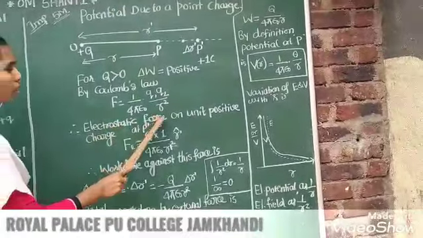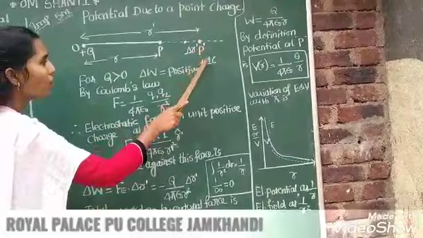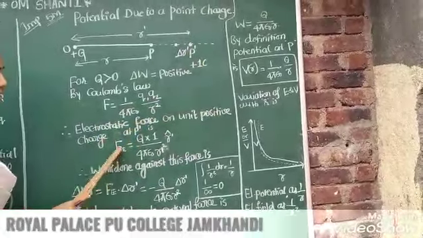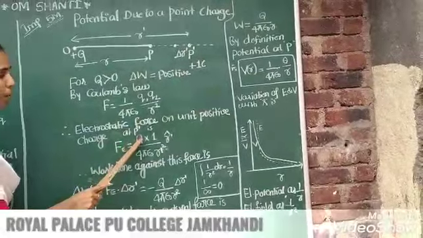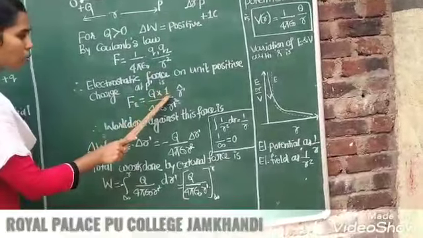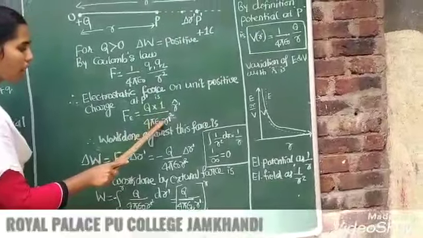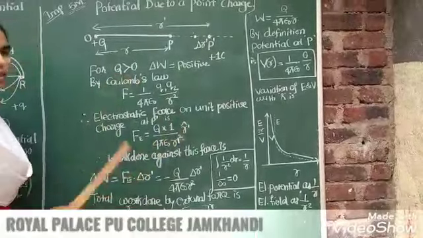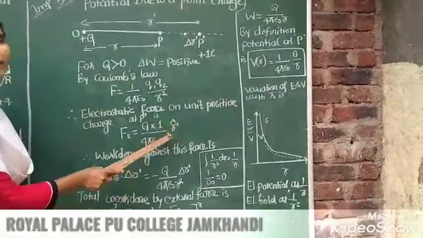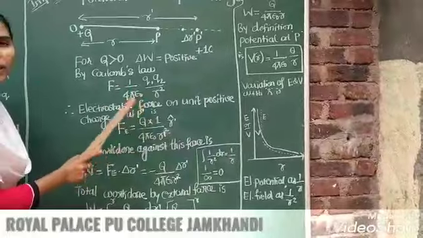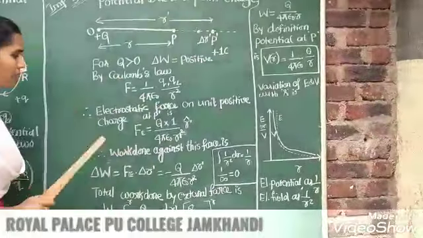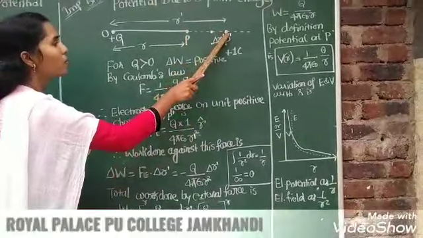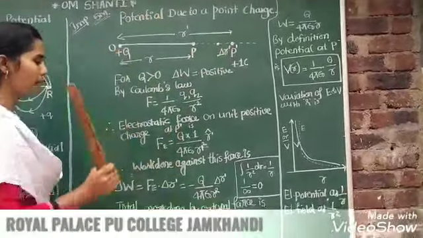Then the electrostatic force on a unit positive charge at P dash is given as Fe is equal to Q into 1 upon 4 pi epsilon naught r dash square into r dash cap. What is that r dash cap here? It is representing the unit vector. Is that clear? Yes, this is the electrostatic force on a unit positive charge at the point P dash.